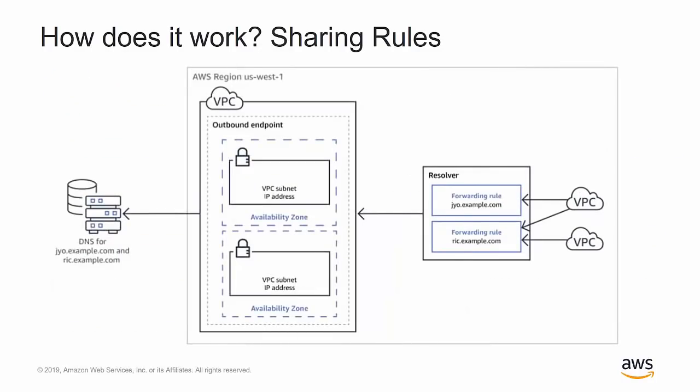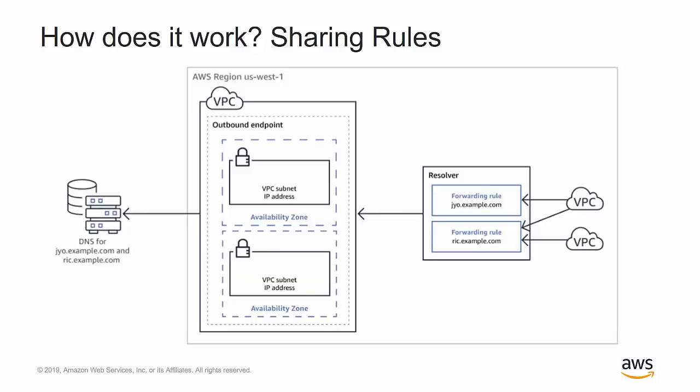And just going back to the illustration from earlier to drive this home, if you see on the right, there are 2 different VPCs. They are not actually hosting the outbound endpoint. The outbound endpoint is actually being hosted on a different VPC, which you'll see to your left, which is connected back to on-prem directly. And so instead, these VPCs on the right are associated with one or more rules.